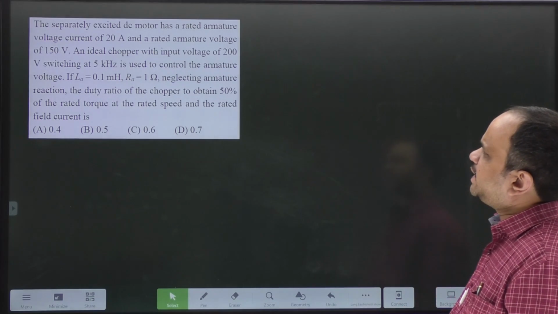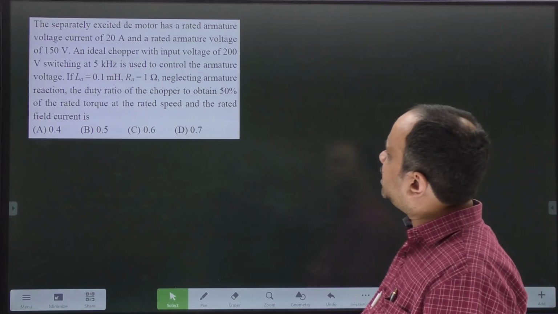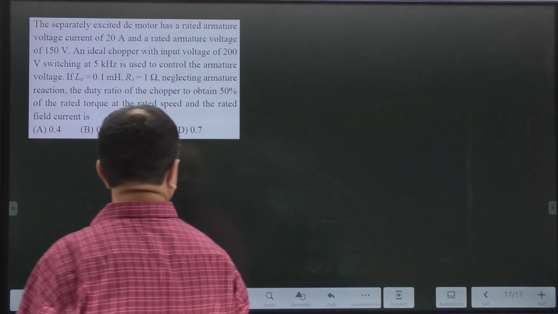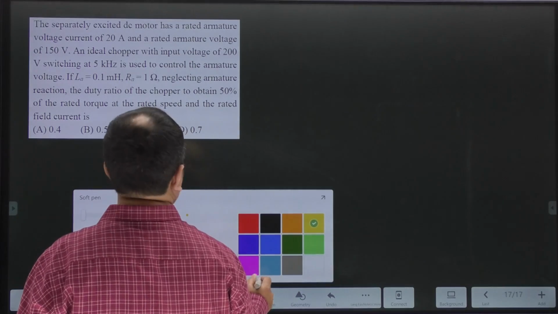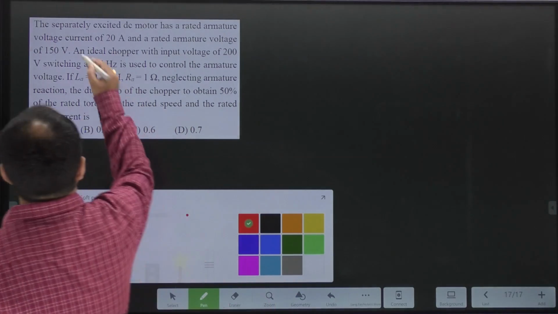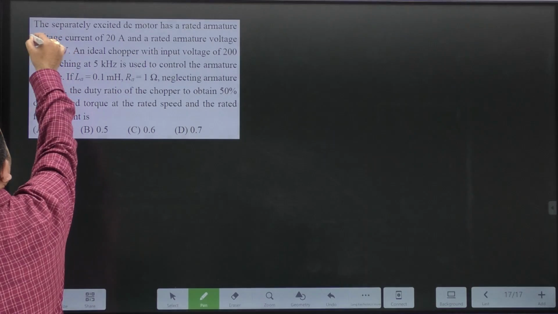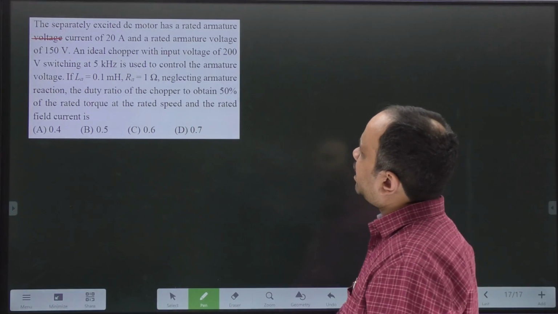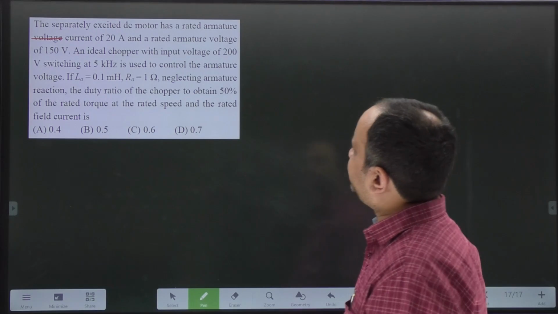The separately excited DC motor has a rated armature current of 20 ampere and rated armature voltage of 150 volt.